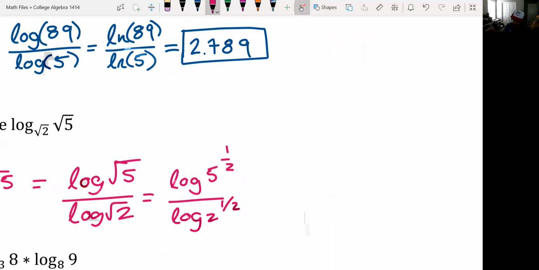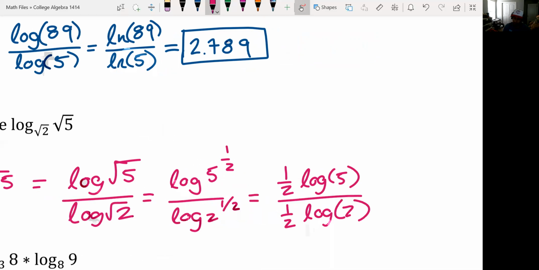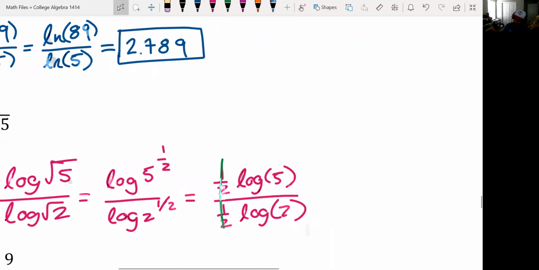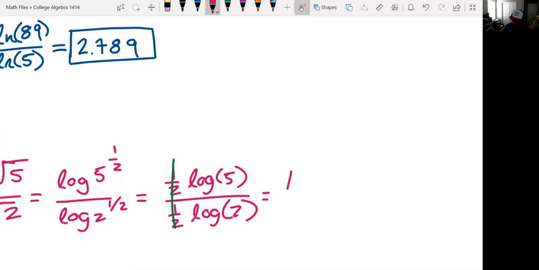And by power rule for logs, these powers come down. It's a beautiful thing. And you'll get 1/2 log 5 over 1/2 log 2, where your 1/2s cancel. And now all we have to type in our calculator is log 5 over log 2.